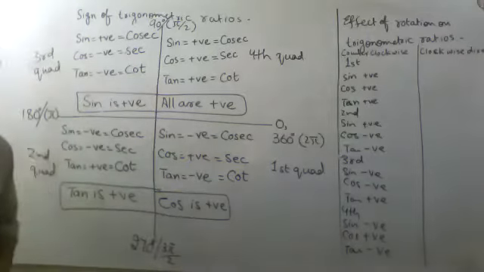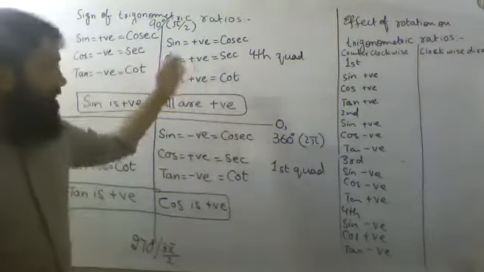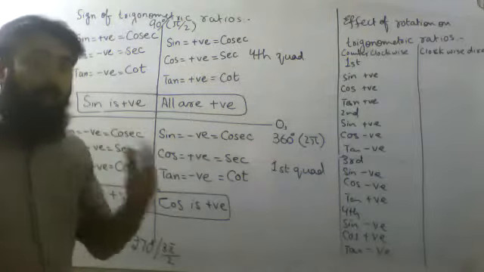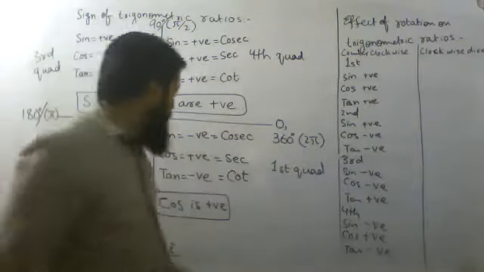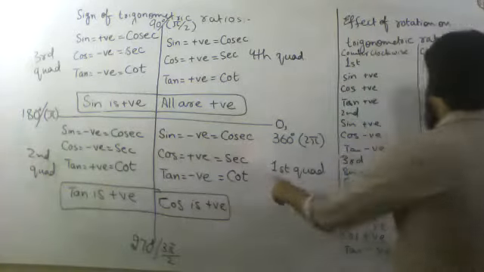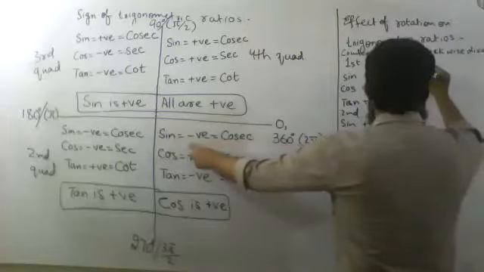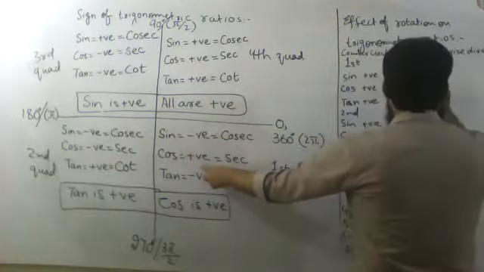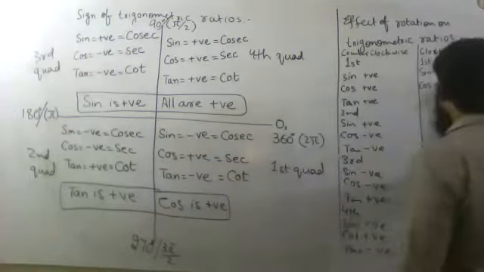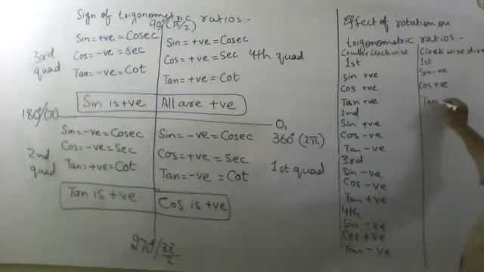Now let's see what has happened when I change the direction, what is happening with these ones. This is the first quadrant. Now in first quadrant, what has happened? Sine is negative, cos is positive, and tan is negative.